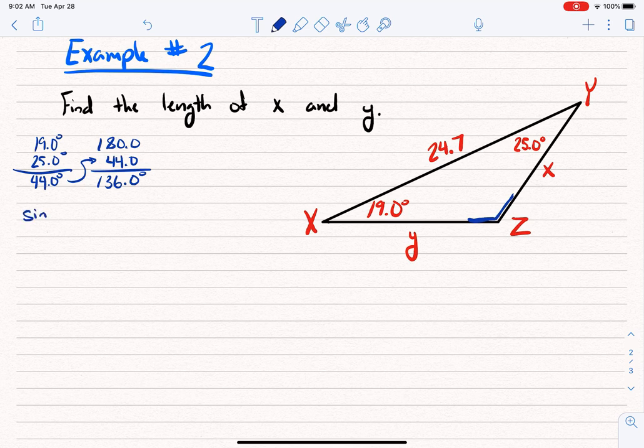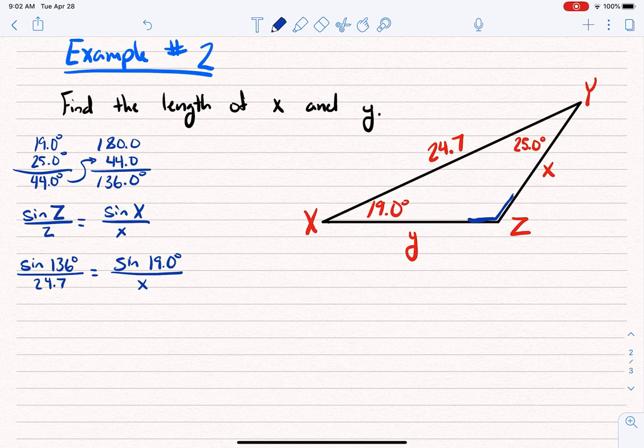I know that the sine of z is to lowercase z in the same way that the sine of x is to lowercase x. And then I can substitute in all the values I know. Therefore, I can say the sine of angle z, well, we figured out that angle z was 136 degrees, is to z, the length of z, 24.7, in the same way that the sine of x, now x is 19.0, is to the unknown x.